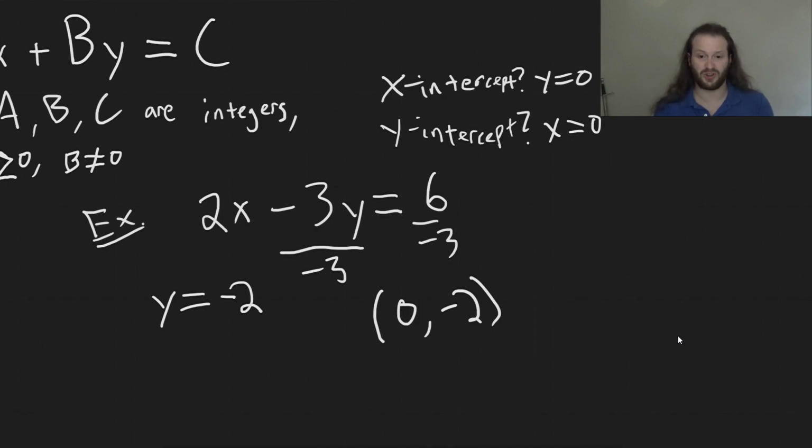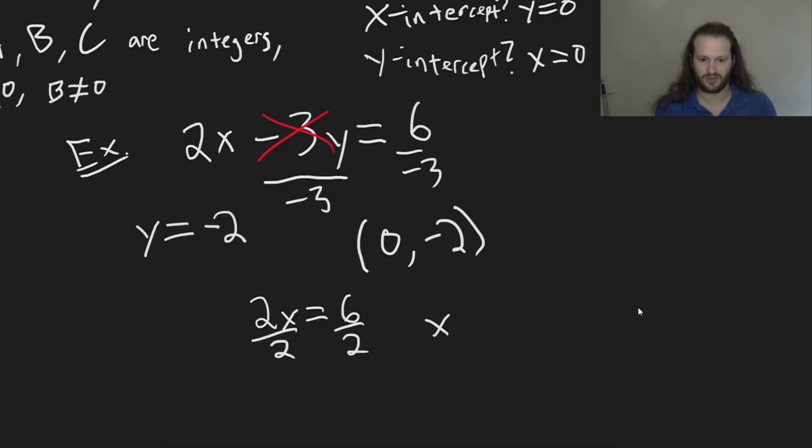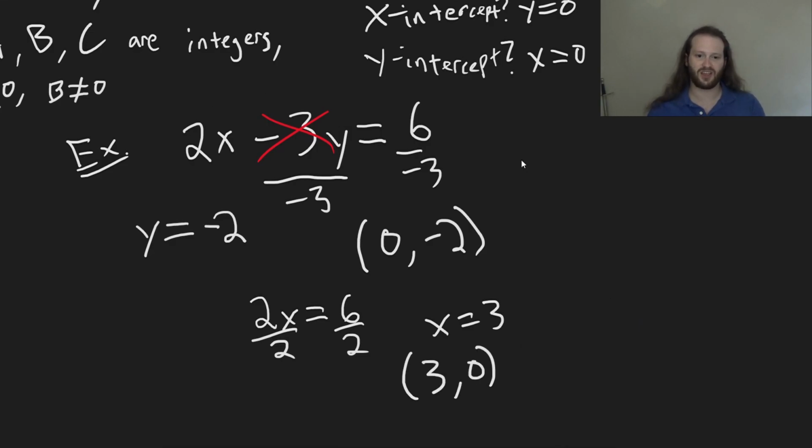Again, we're just going to cover up the minus 3y term. So we're just left with 2x equals 6. So x equals 3. So this coordinate point, 3, 0, not only is on this line, but it's the x-intercept. It's where it crosses the x-axis.